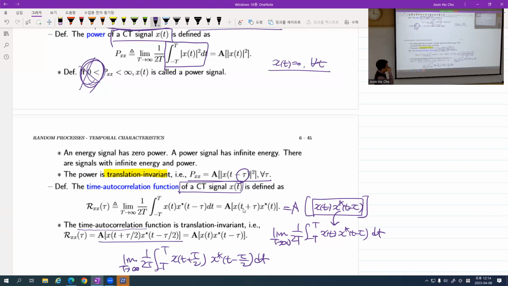So there are many apparently different definitions of the time autocorrelation function given a continuous time signal x of t. However, the commonality is that usually you put the conjugation on the right factor. The reason is that when we extend this idea to vector valued random processes, Hermitian transposition is usually used, and we compute the outer product, not the inner product, in general. So putting conjugation on the second factor is much better and consistent.